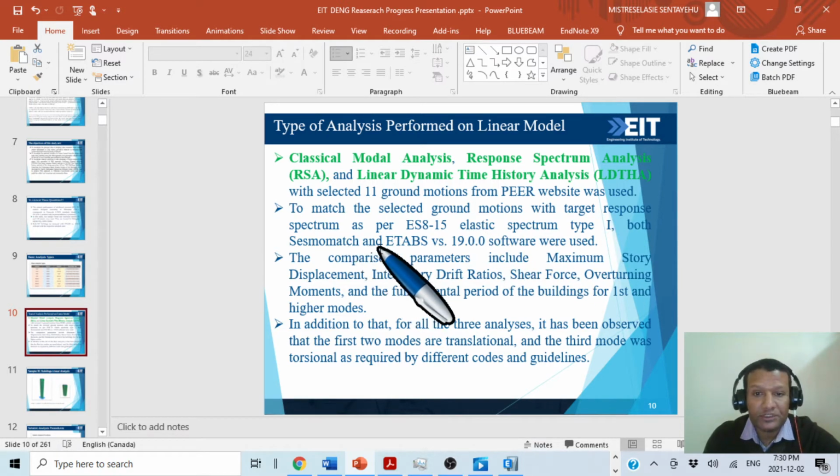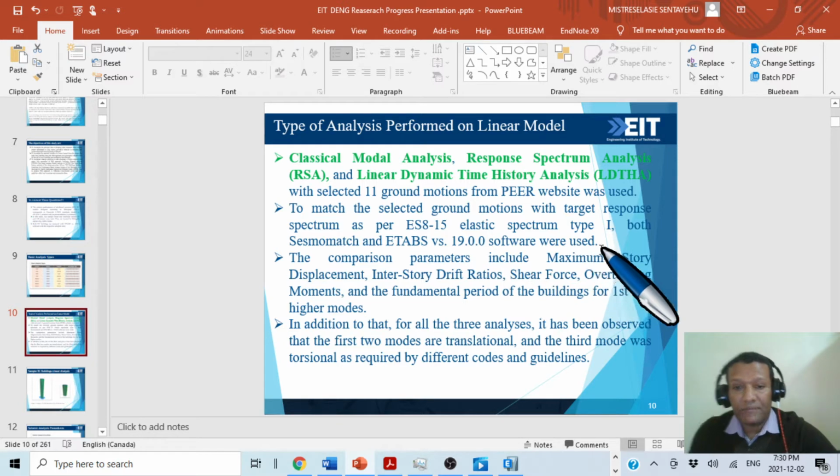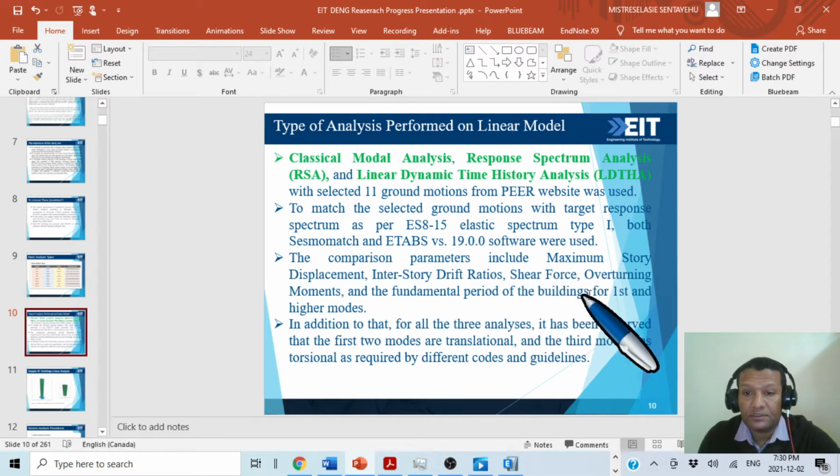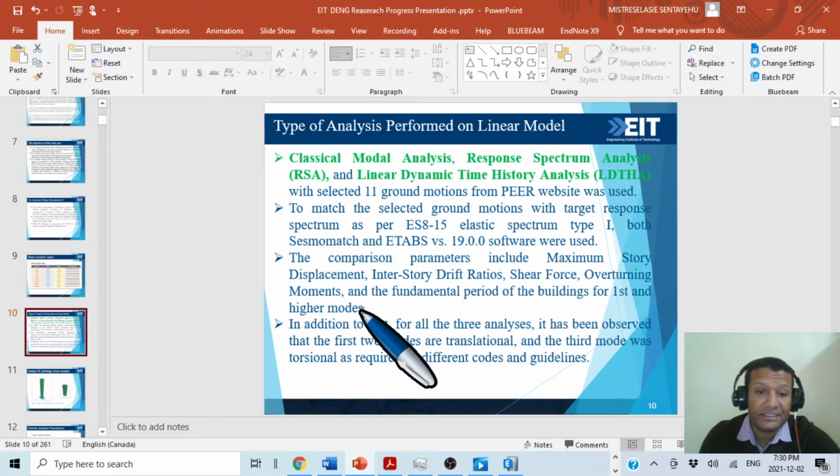Both SeismoMatch and ETABS version 19 software were used for this. The comparison parameters include maximum story displacement, inter-story drift ratios, shear force, overturning moments, and the fundamental period of the building for the first and higher modes. This will be the comparison.